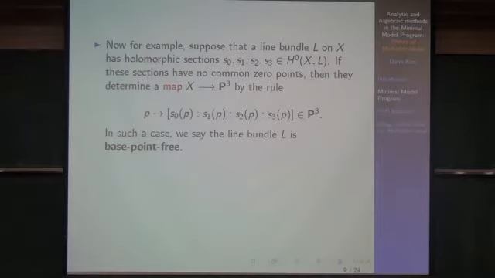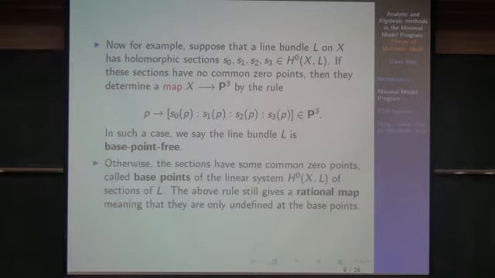So in such a case, we say the line bundle is base point free. In other words, if you have enough sections which do not have any common 0 point, then we say the line bundle is base point free. Otherwise, the sections may have some common 0 points, and they are called base points.